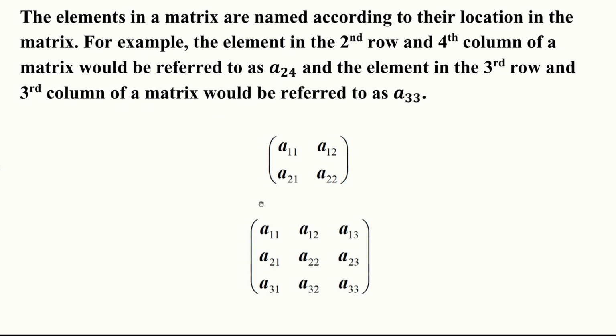So you see A 3,3, for example, in this matrix. And here's A22 because this element is in the second row and the second column. Here's an element A21 because it's in the second row and first column, right? So first the row number and then the column number.